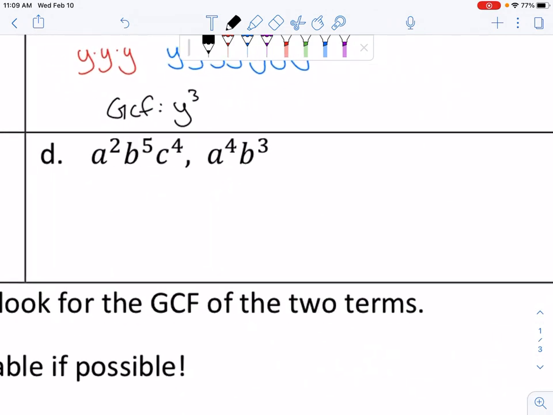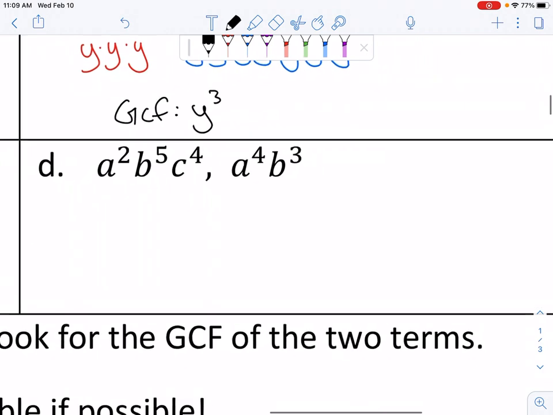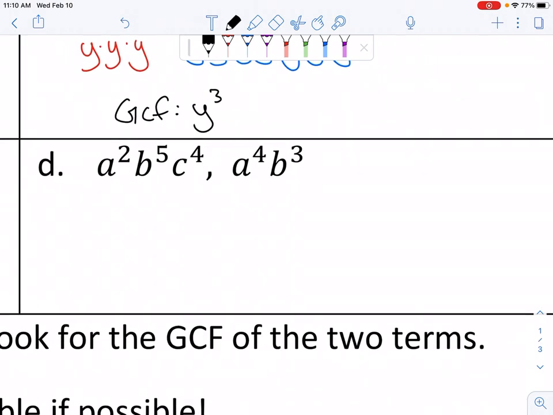Okay. And then on this one, I'm going to do the same thing. So I'm going to take a look at my a's. The most amount of a's I can take away are 2. So my GCF here is going to be a to the second. Check my b's. I have 5 here and I have 3 here.